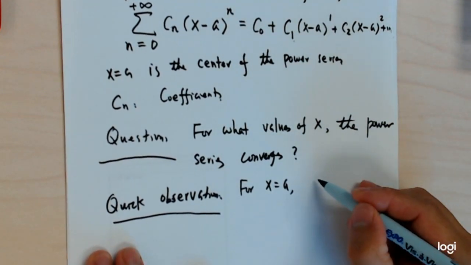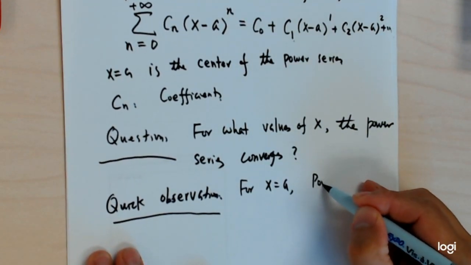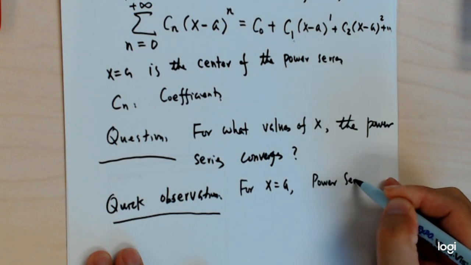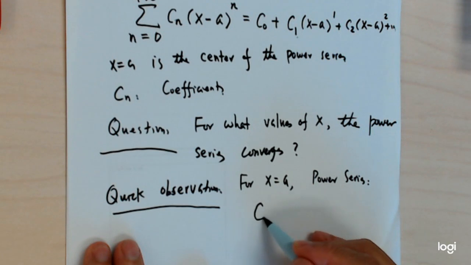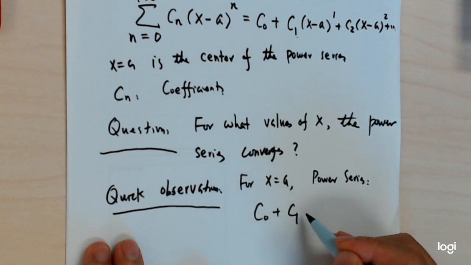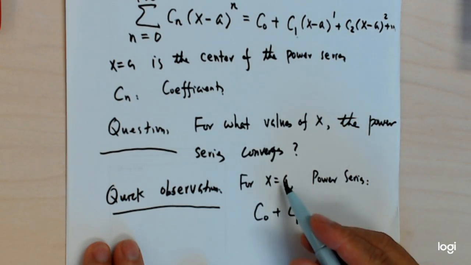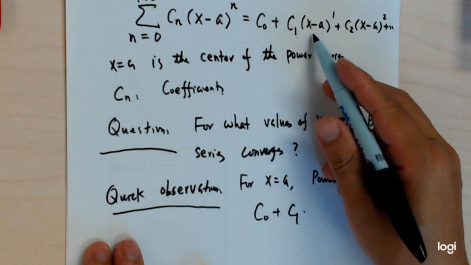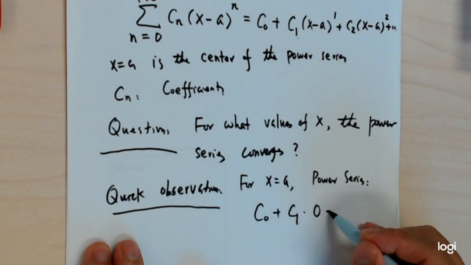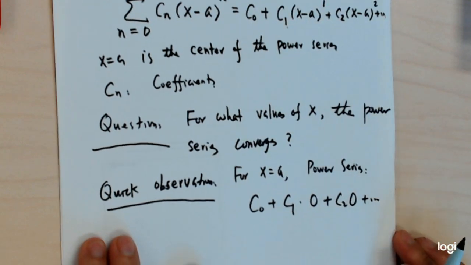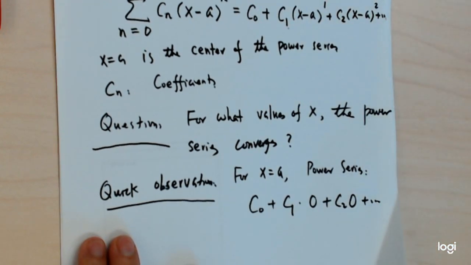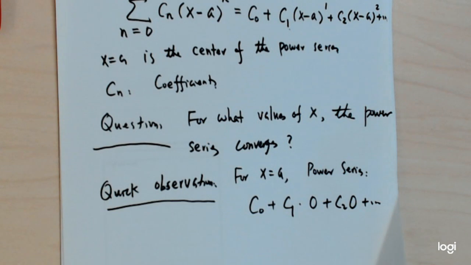So the power series becomes C naught, C1 times 0, C2 times 0, and so on. So these are all zeros. So the power series obviously converges because it's really just a constant.